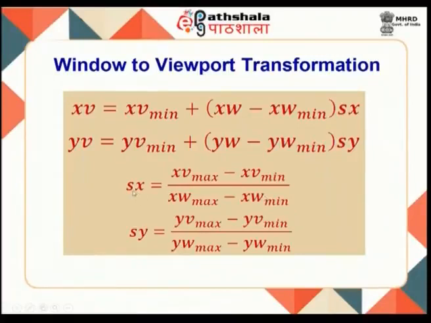Why we call this Sx: Sx and Sy are generally used as notations for scaling factors, and we use the same notation here, quite intentionally. What does this ratio give? XV max minus XV min is the horizontal length of one of the viewport boundaries, divided by XW max minus XW min.